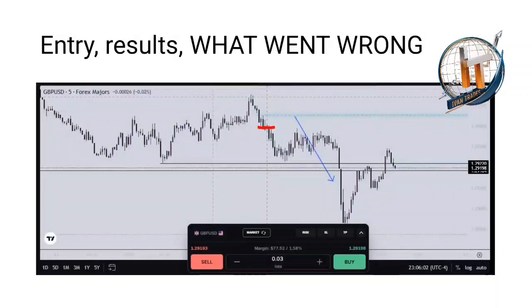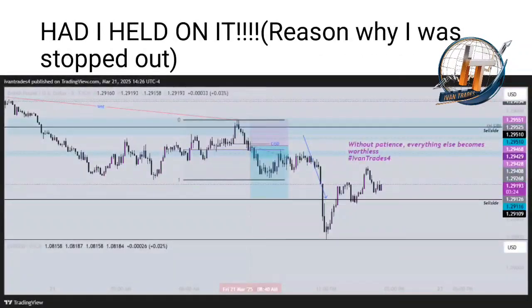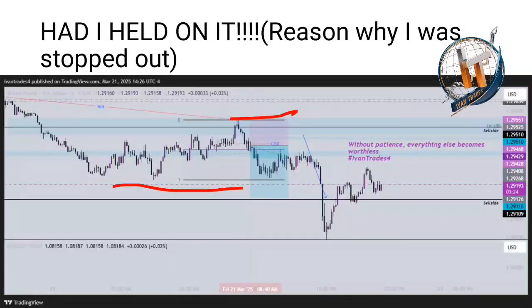And if we go right here on the position, you can see that price wicked out at exactly the equilibrium of this range, which price was being traded in. So if you look closely, this is the high and this is the low.